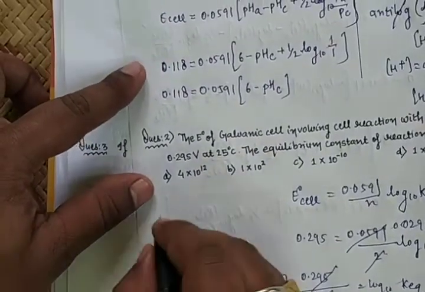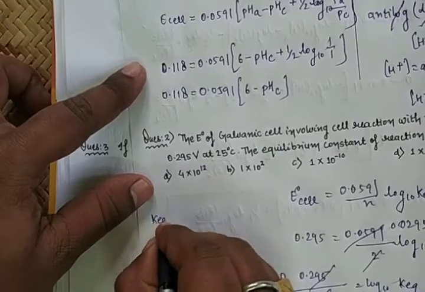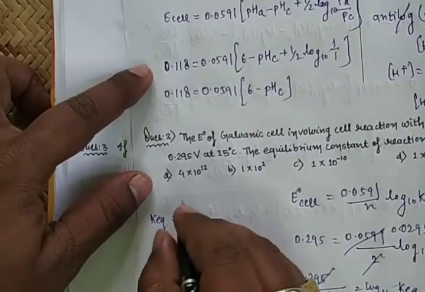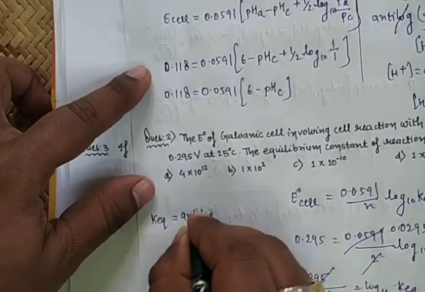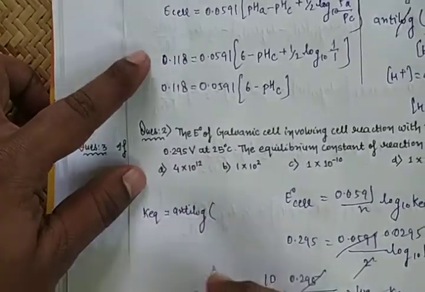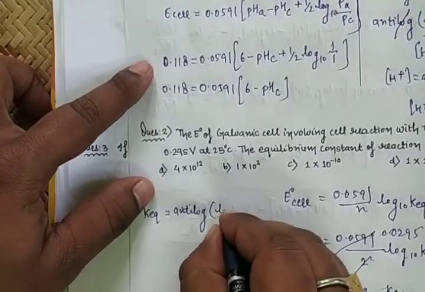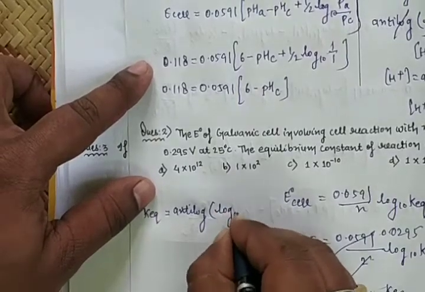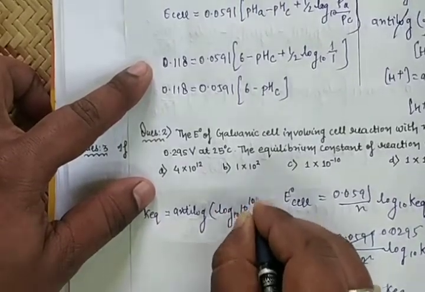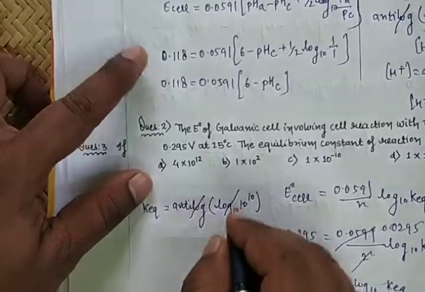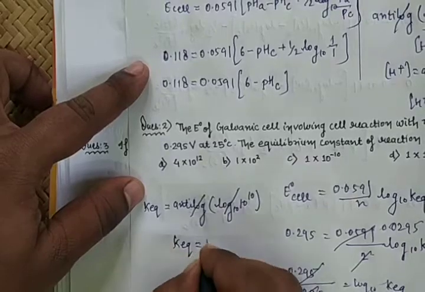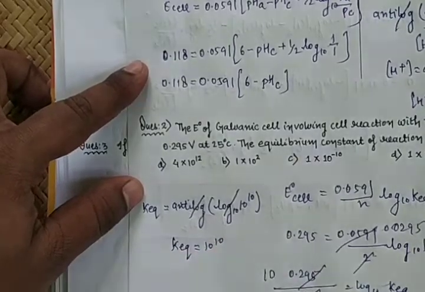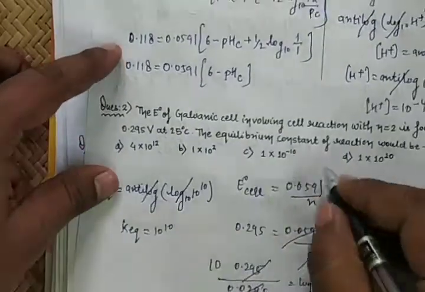This is a trick. Keq is equal to the antilog of log base 10 to the power 10. The antilog and log cancel, so Keq is 10 to the power 10, and 10 to the power 10 is option number D.